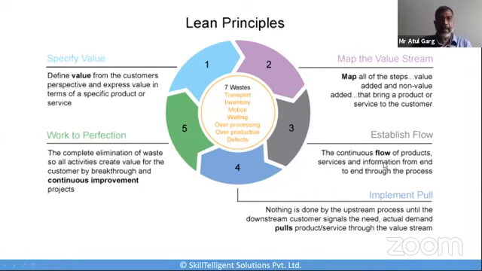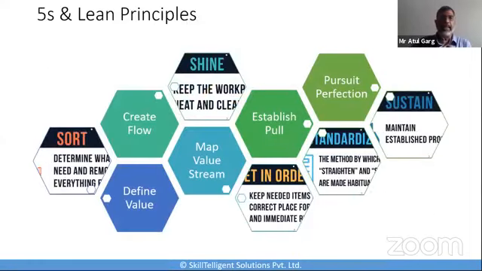Now let's look back and see how we can map the lean principles to the 5S. If you remember, we have sort, set in order, shine, standardize, and sustain. Sorry, I could not adjust this slide in time to show this more clearly, so I'll just walk it through. Sort is actually equivalent to defining the value.